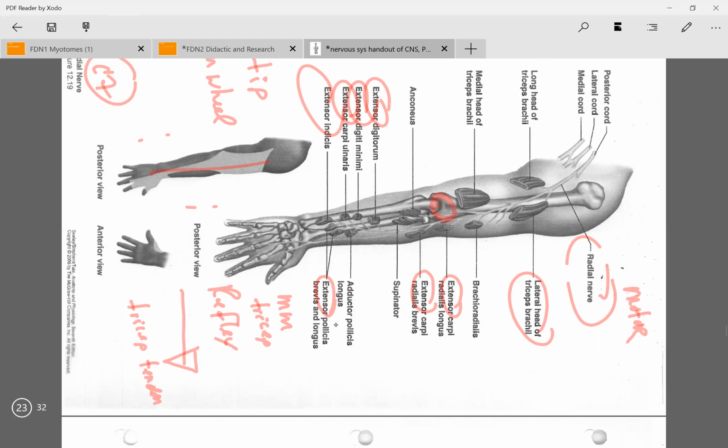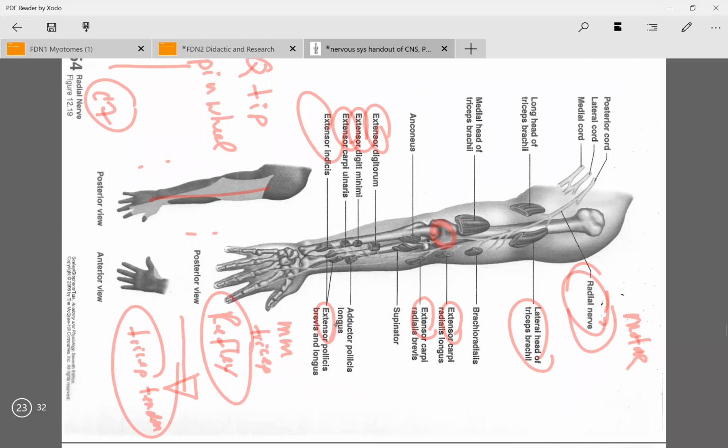You strike the tricep tendon and look for the elbow jerk reaction instead of the knee jerk reaction. So the arm would jerk. So we happen to be able to throw in an additional test here: the reflex hammer striking the tricep tendon, which means you're testing for radial nerve, C7 nerve root.